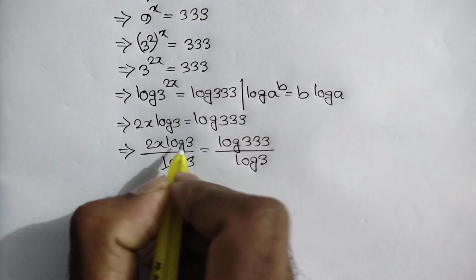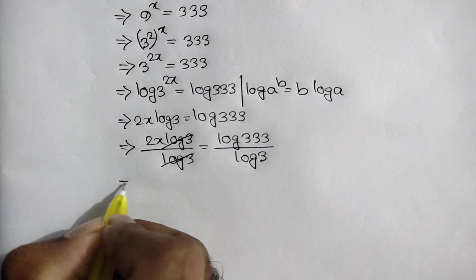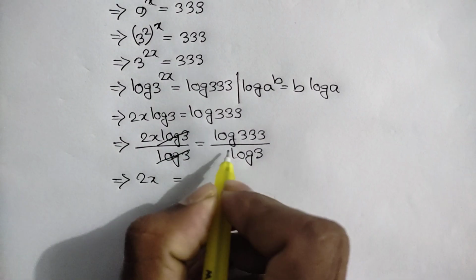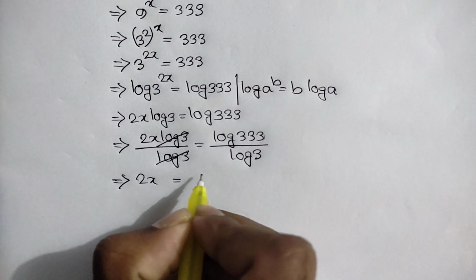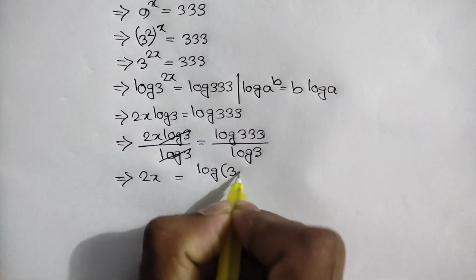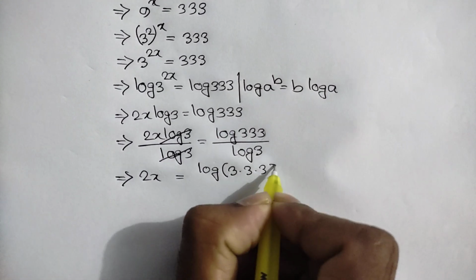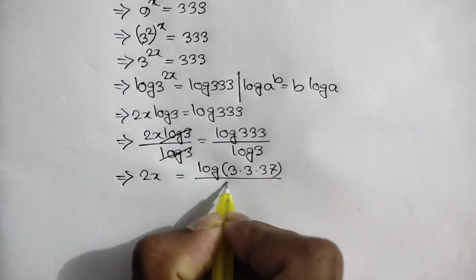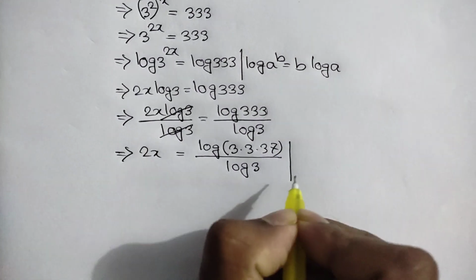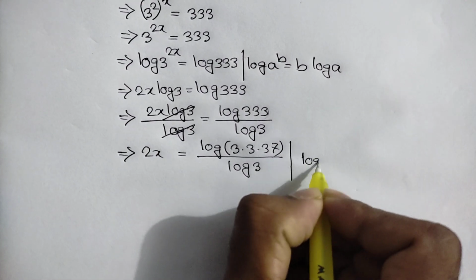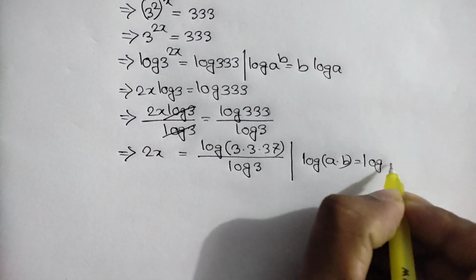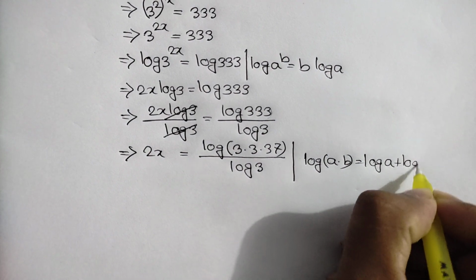This log 3 cancels out this log 3, so 2x is equal to, here 333 we can write 3 times 3 times 37, over log 3. Here we can apply this rule, log a times b is equal to log a plus log b.